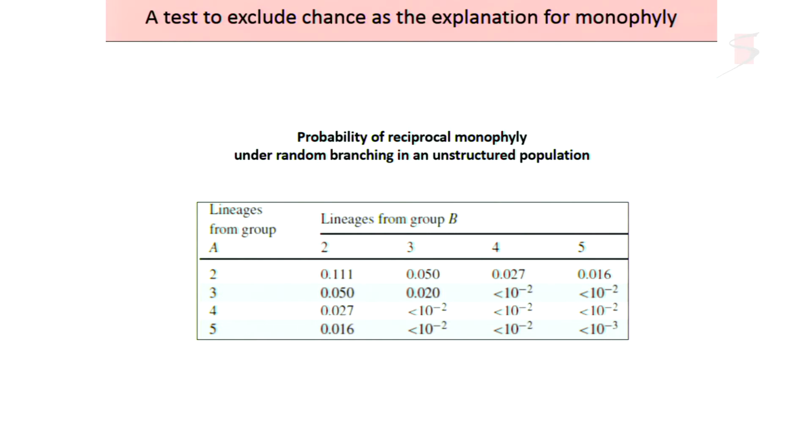And you can see that those probabilities get small very quickly. So it does mean that those sample sizes don't need to be too big before this explanation of chance branching can be excluded.